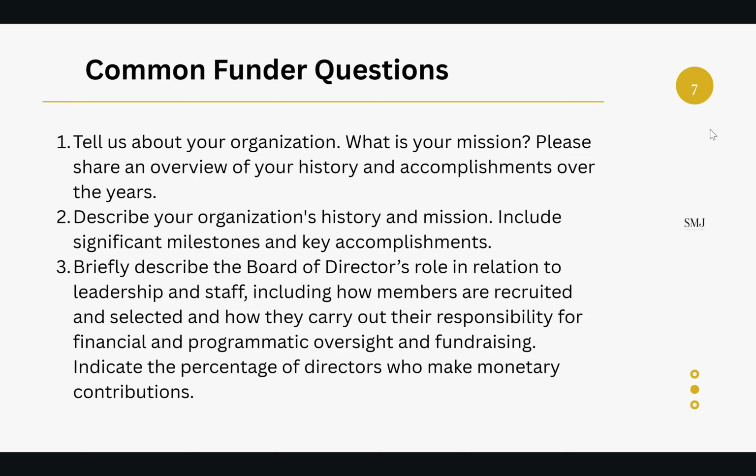An organization that has a strong board that actively provides their due diligence and also raises money for the organization they serve does get more points in their grant application.